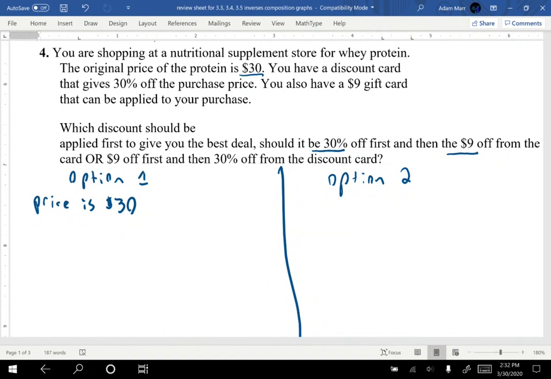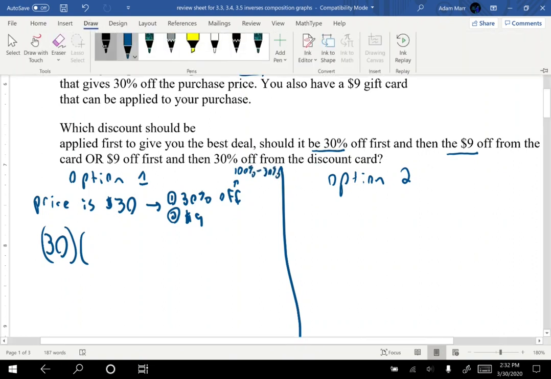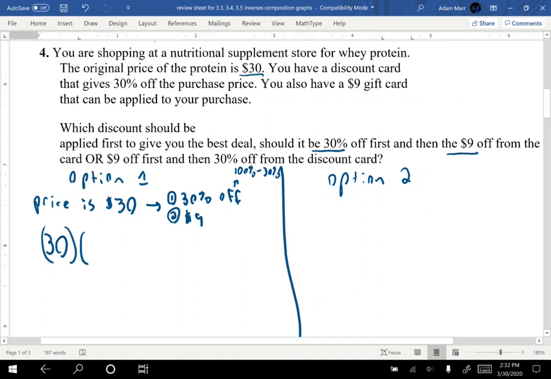So in option 1, the price is 30, first we have 30%, and secondly, $9 off. So 30 is my original price. Now, what does 30% off mean? Well, that's 100% minus 30%, which is of course 70%, which comes out to 0.70.